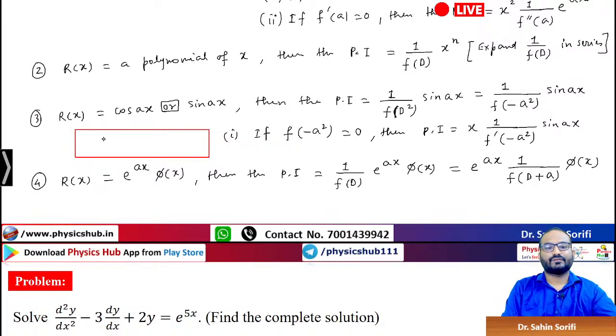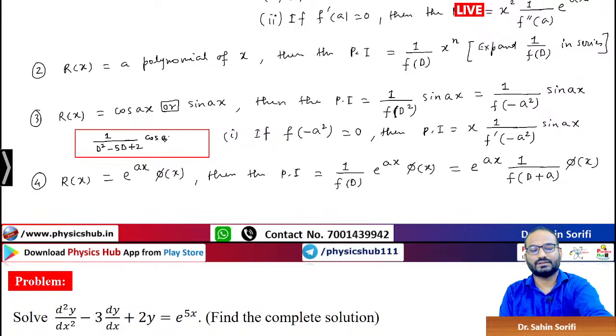Let's say f of D is in this form, D square minus 5D plus 2, cos 2x. For the time being, let's take a simpler case, D square minus 5.